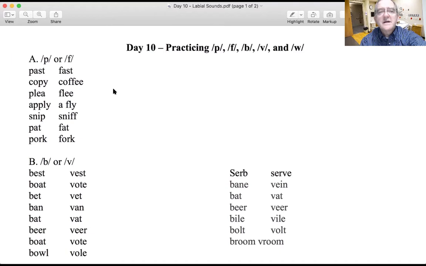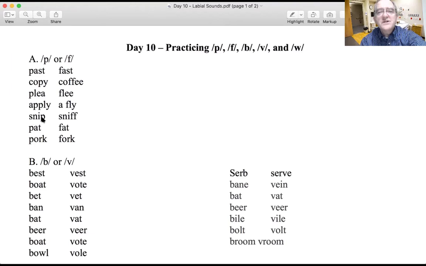That's B. Try number 4, apply. That's A. Let's try number 5. Snip. That's this one.